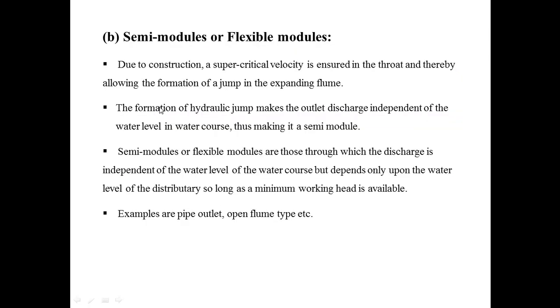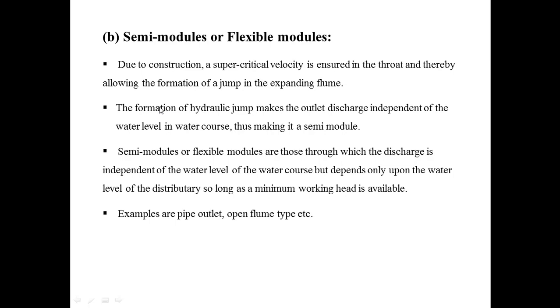The next type is the semi-modules or flexible modules. Due to the construction, a supercritical velocity is ensured in the throat, thereby allowing the formation of a jump in the expanding flume. This formation of hydraulic jump makes the outlet discharge independent of the water level in the water course, and thus making it a semi-module.